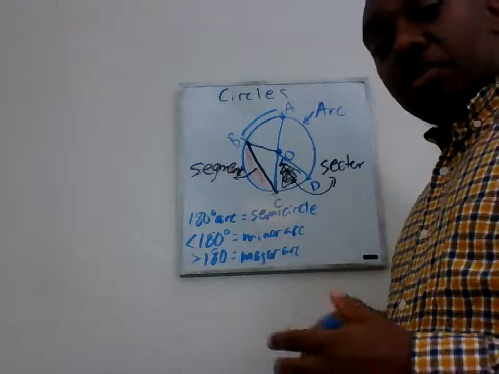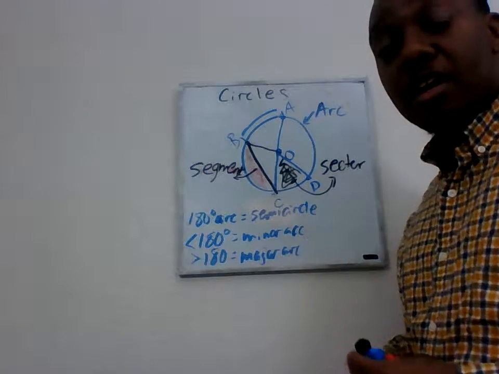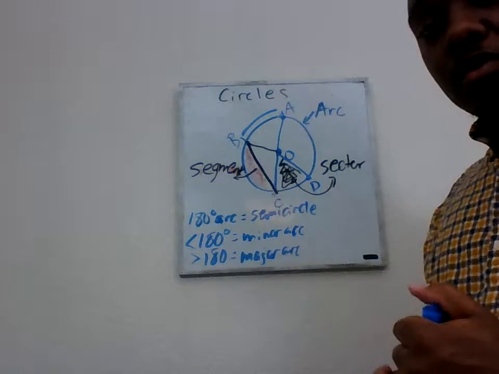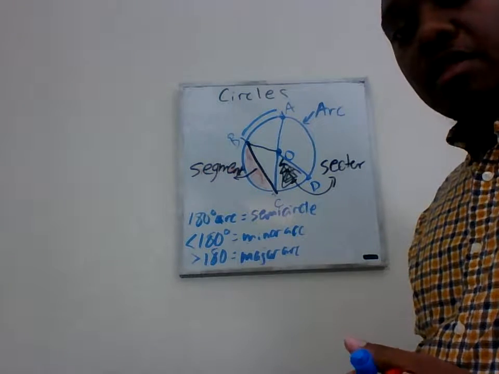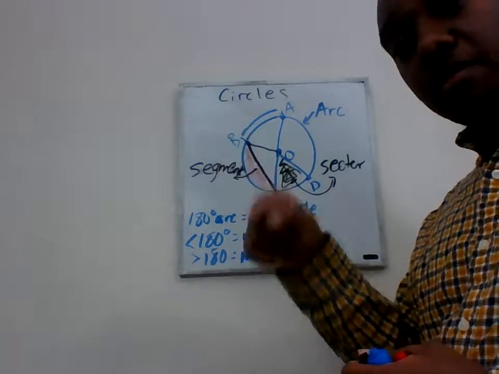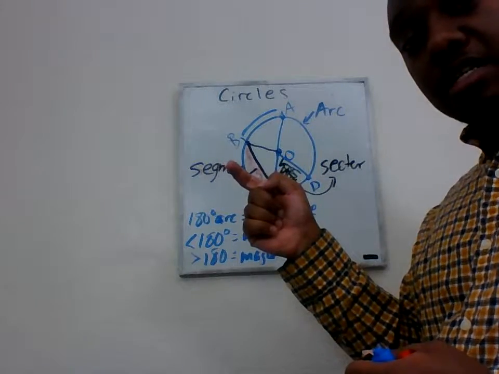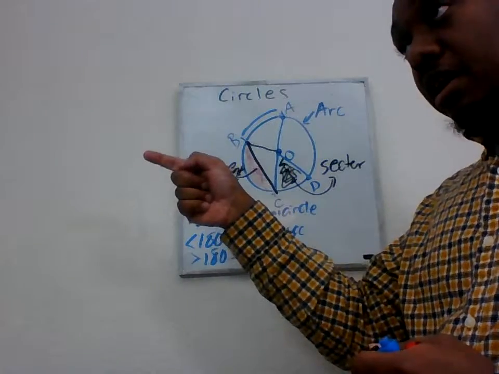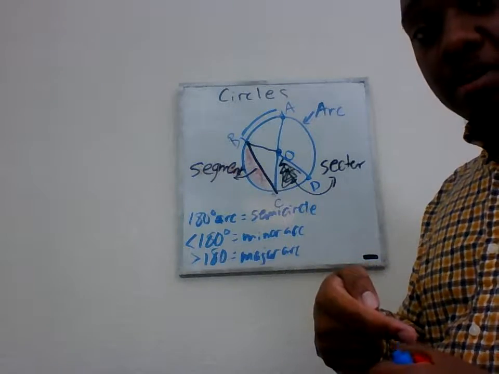All right. So those are the other three parts of the circle that are important for us to understand and know. We have our center of the circle, which also tells us the name of our circle. The center is the point in the middle of the circle, being the collection of all points that are equidistant from the center. That distance from the center to a point on a circle is known as the radius. Going from a point on the circle through the center to another point in one line segment is known as the diameter.